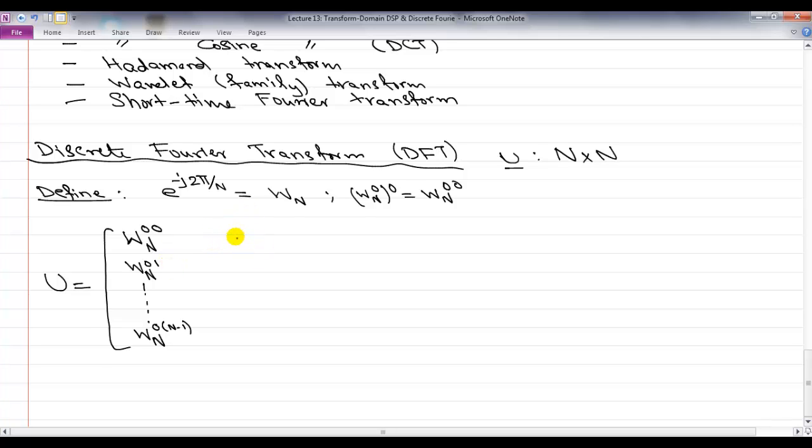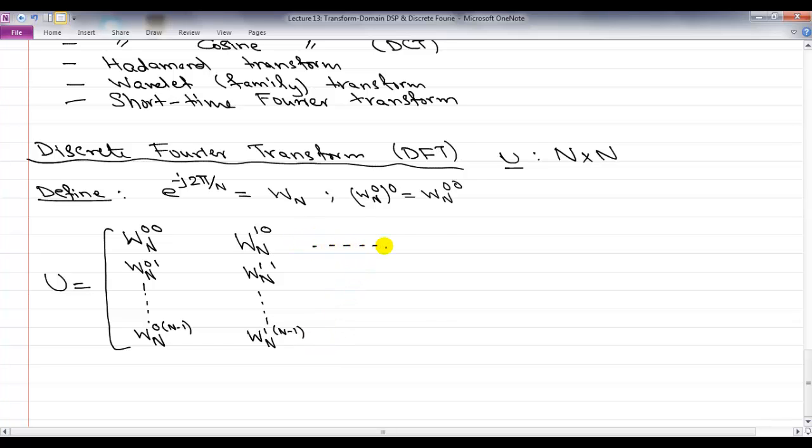Now the second column is W_N^1, its 0th power. W_N^1, its first power, and keep on going, W_N^1, its n minus first power.